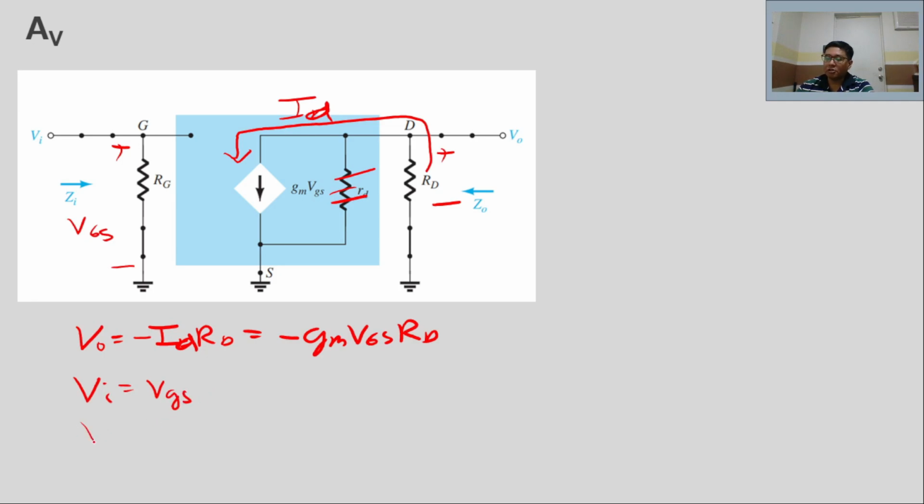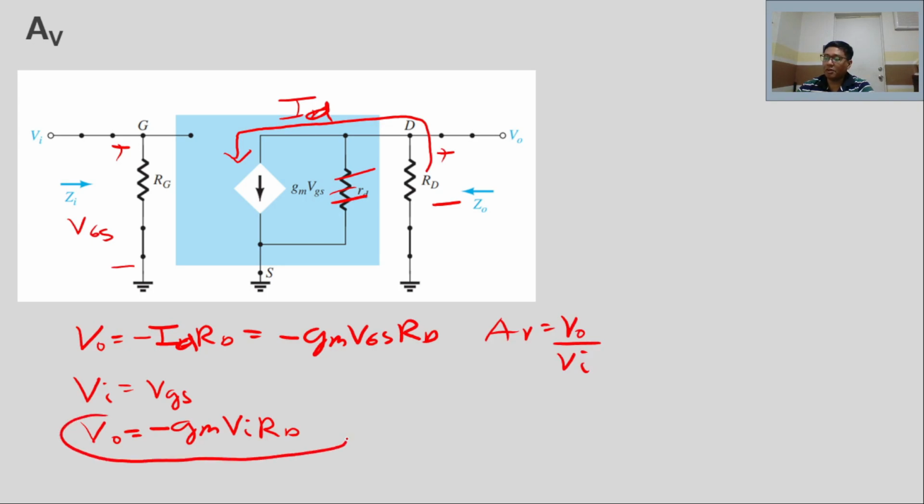Replacing the equation for the output voltage VO, we have negative GM times VGS, which this time will be expressed as VI, or the input voltage, times RD. The equation for the voltage gain is the output voltage divided by the input voltage. We can determine the ratio between the output and the input voltage using this equation. We have negative GM times RD.